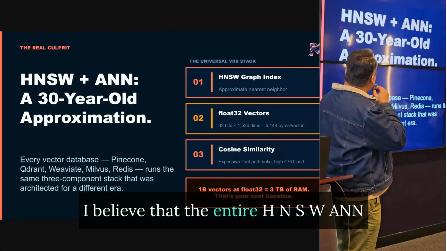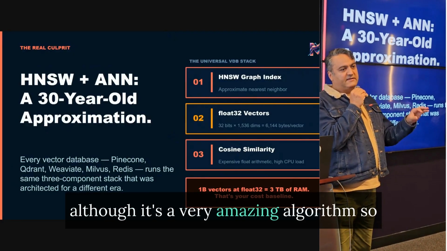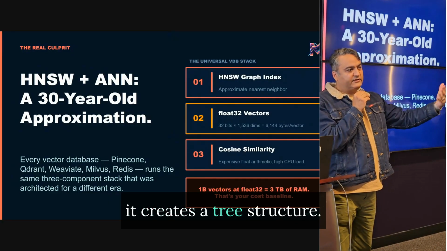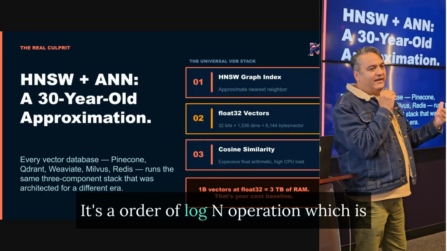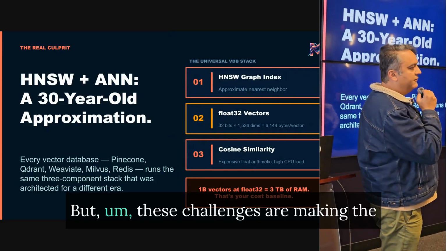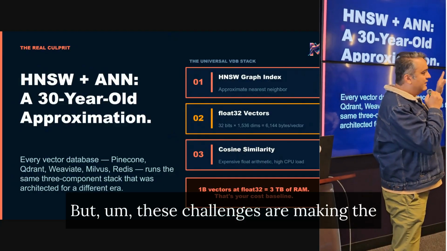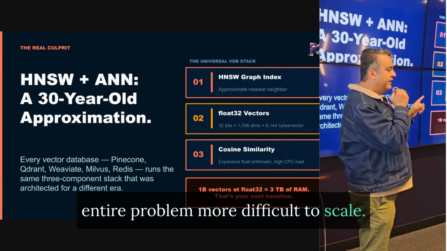I believe that the entire HNSW-ANN, although it's a very amazing algorithm, creates a tree structure, with order log n operations, which is very fast. But these challenges are making the entire problem more difficult to scale.